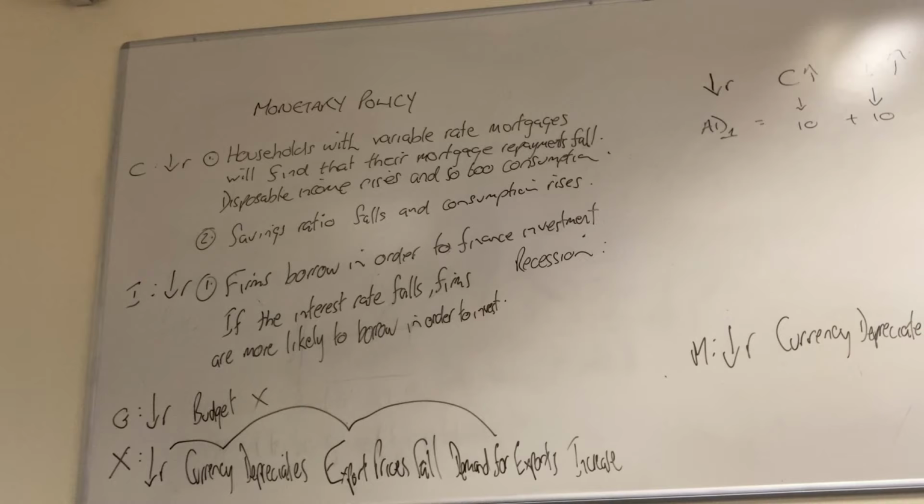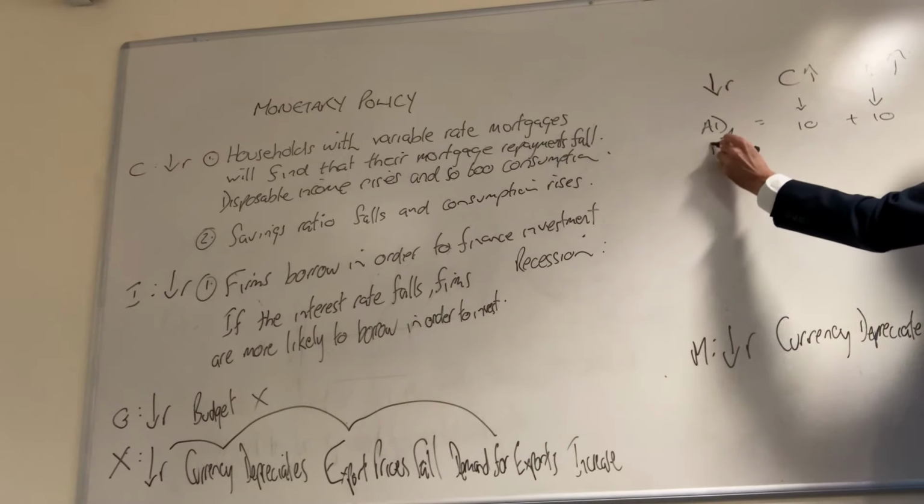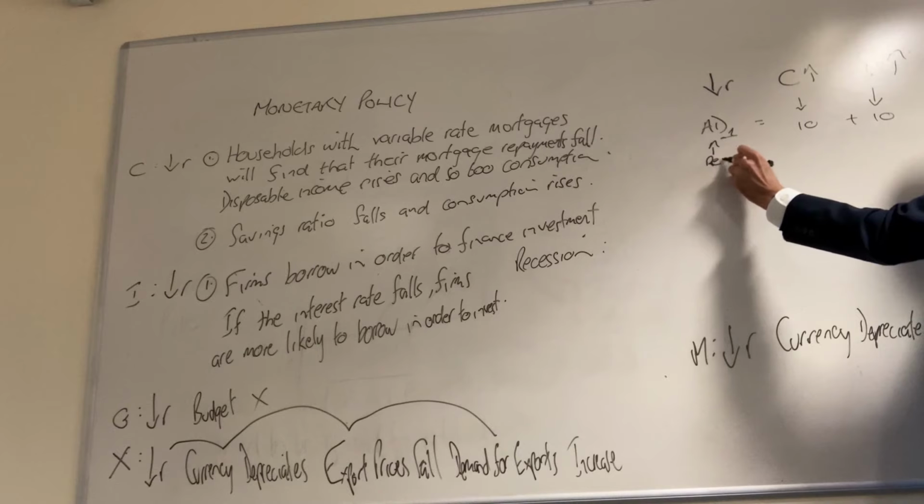Now, when you total that equation, what do you get? 35. And I'm going to say AD1 is when the economy is in a recession.